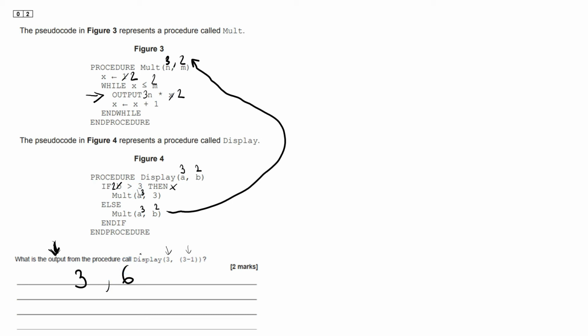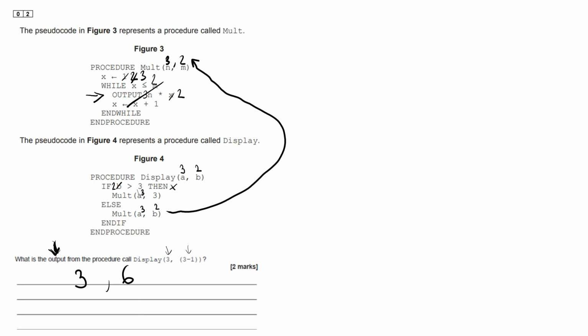So that's our next one. So let's just see if this runs again. So we're adding 1 to x, which becomes now 3. And then while x is less than or equal to 2, now that becomes false, so it stops running. So all that's going to be displayed on the screen when we run this procedure call is a 3 and a 6.